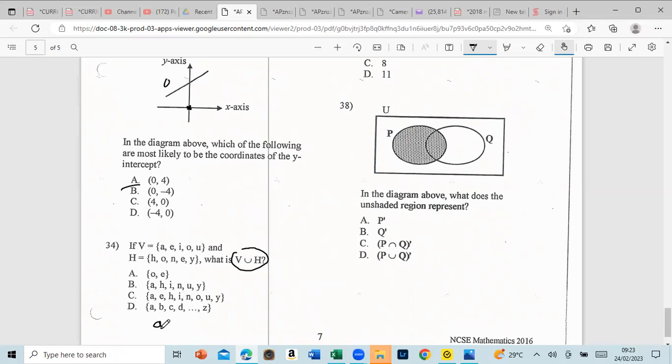We have E, but E, we're just going to write once, even though it appears twice, because in a union it says A, E, and E should come next. So it's going to be all the elements, alright? We're not going to draw it out too much. I see the H, the I, the Y, and the O and all of that. This one doesn't have the O. So that means it's going to be C, 34 is C.